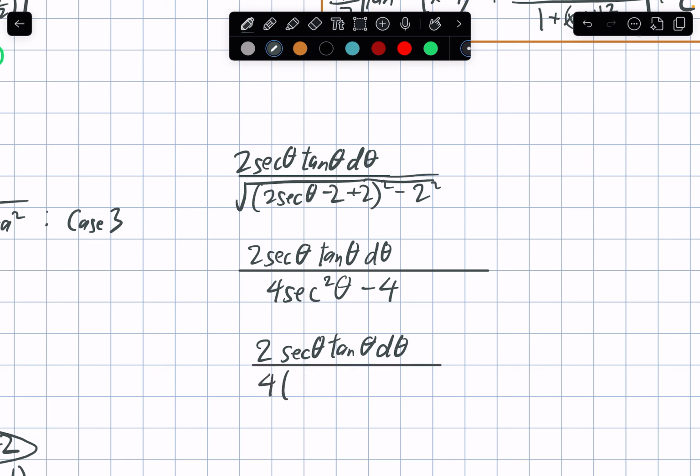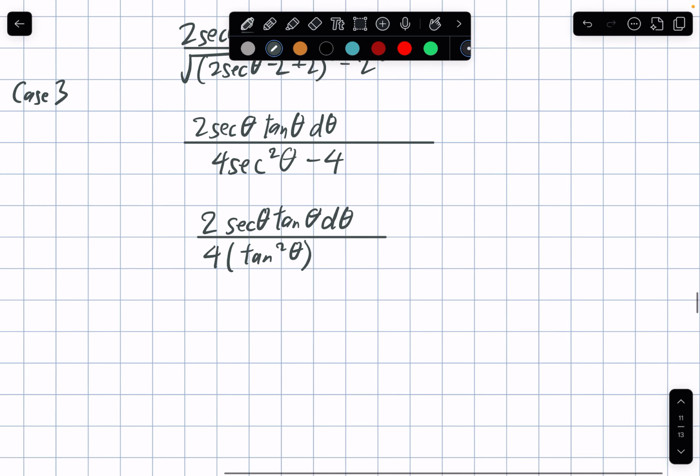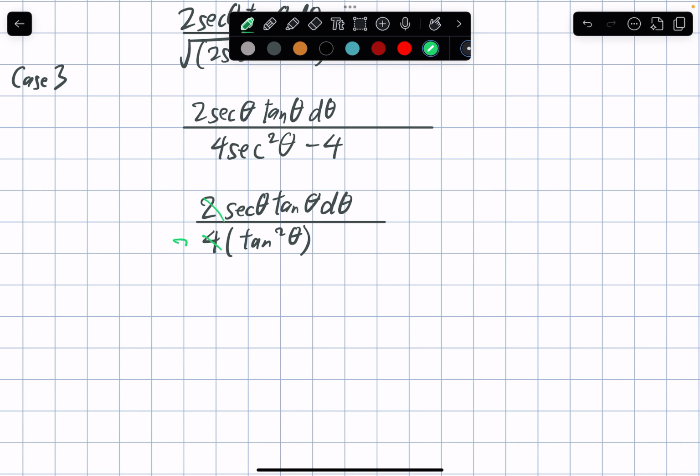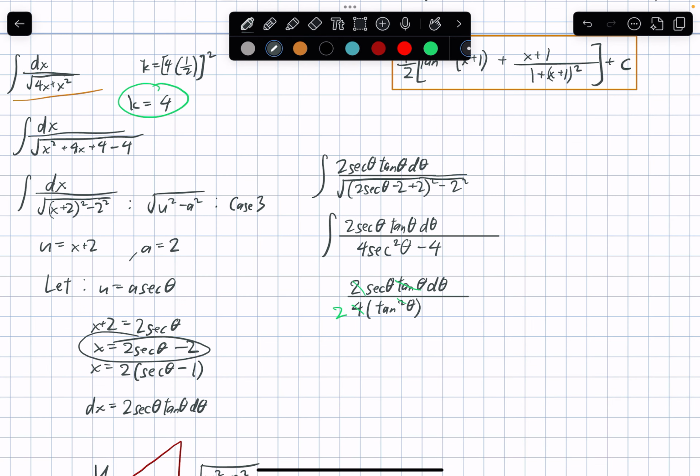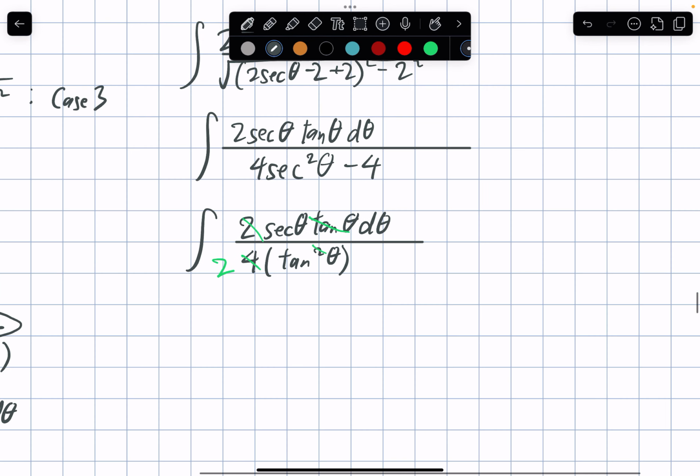Secant squared theta minus 1 could be rewritten as tan squared theta. Cancel. Don't forget the integral sign. The constant, place it outside.